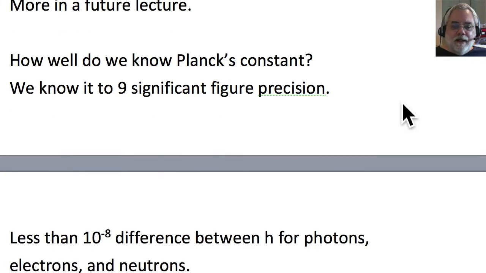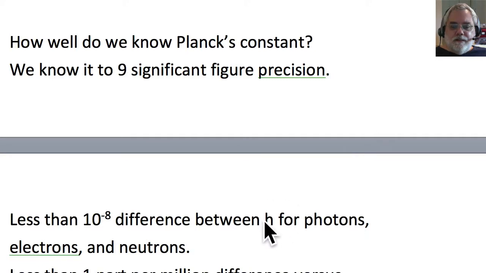You could say, is there just one Planck's constant? Or is there one for photons, one for electrons, one for neutrons? Physicists have done the experiment and tried to find a difference in value of Planck's constant for those three. And any difference is less than 10 to the minus 8, which is consistent with the precision that we know for Planck's constant.